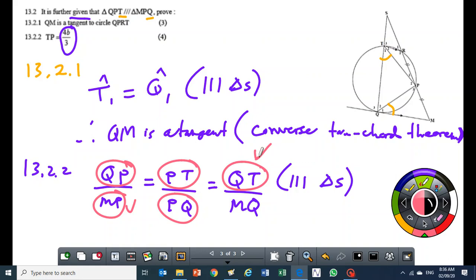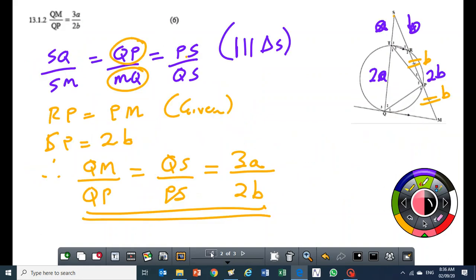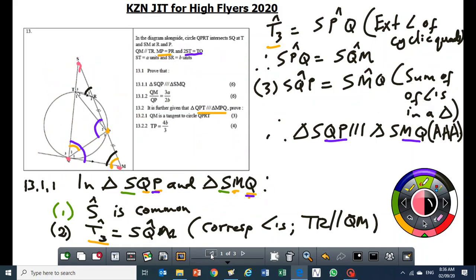PT is the one that I want, this one is the same as that. QT, I know I can write that in terms of A. The MQ, I've got a ratio which I had in the previous question. This one. You see this? You see that? Since I don't have any other information, the third one means I can use that one to carry on.